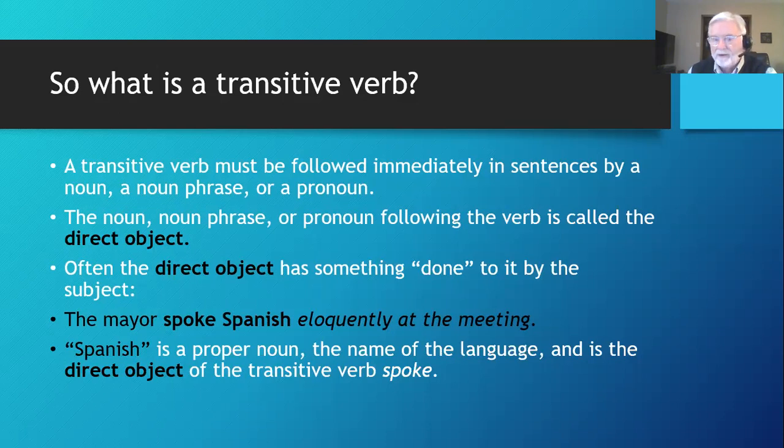And very often, the direct object has something done to it by the subject. To pick up on our earlier example, the mayor spoke Spanish eloquently at the meeting. The word Spanish is a proper noun. It's the name of the language. And Spanish is the direct object of the transitive verb spoke.